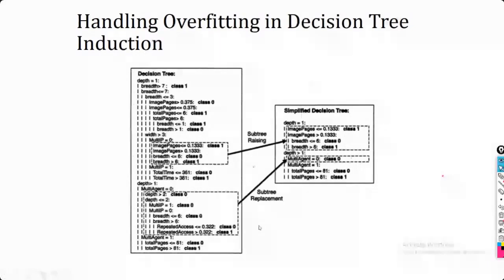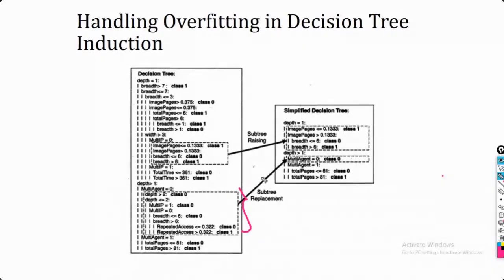In subtree replacement, we have this section of branches, and I am going to replace this section with the class label.